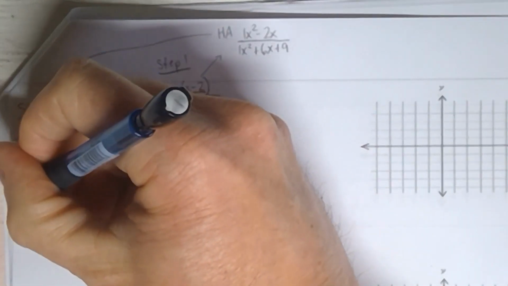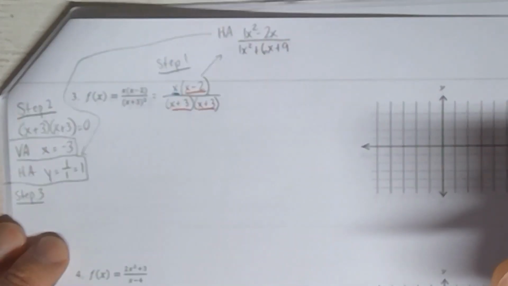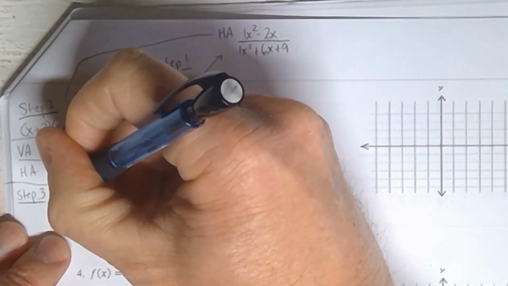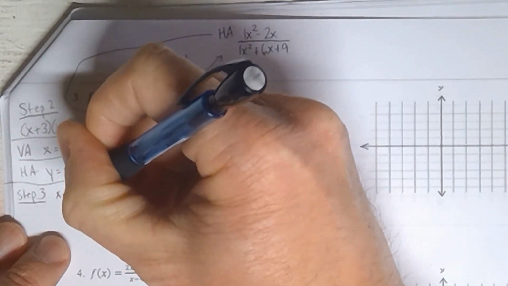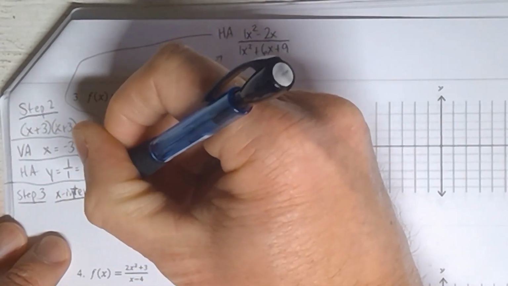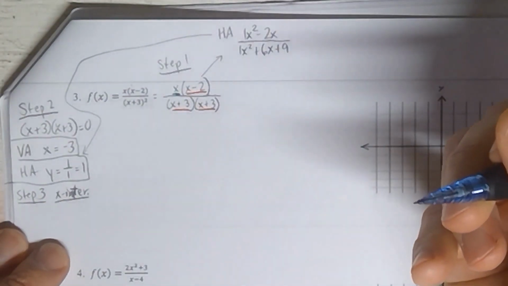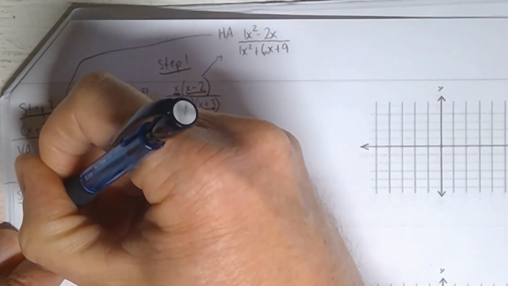Step 3, intercepts. Starting out with the x-intercept. Again, it doesn't matter which one you do first, x or y intercept. So that means I need to set y equal to 0.